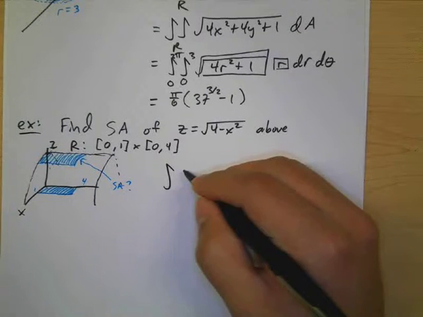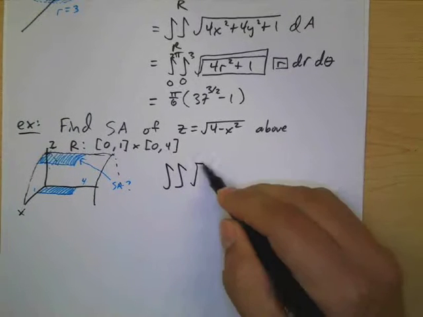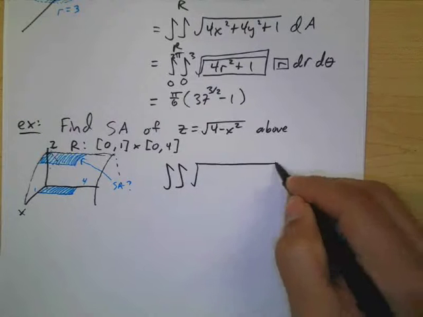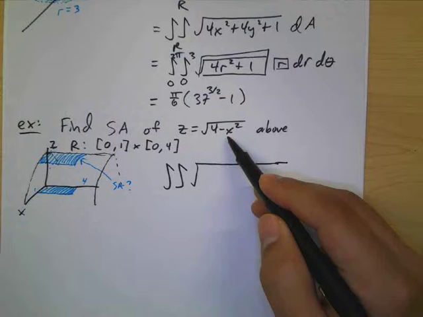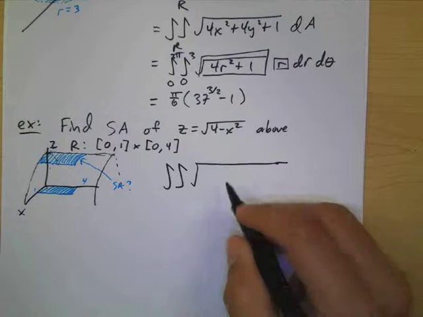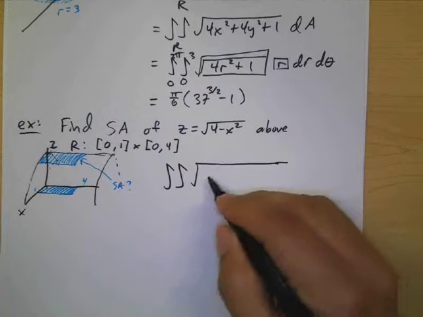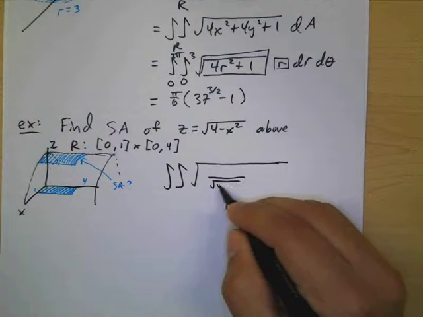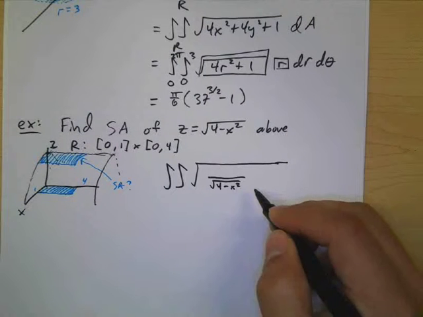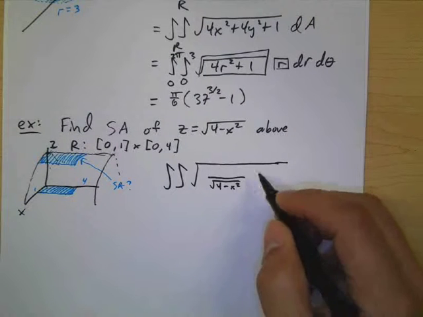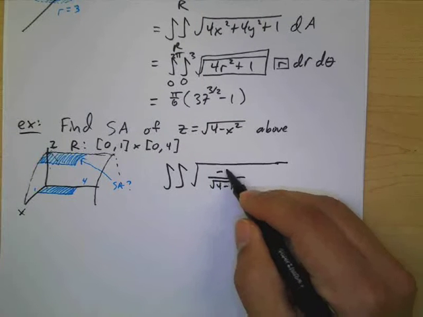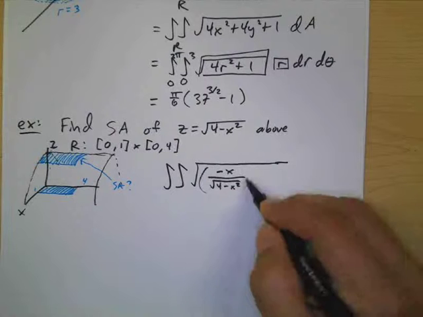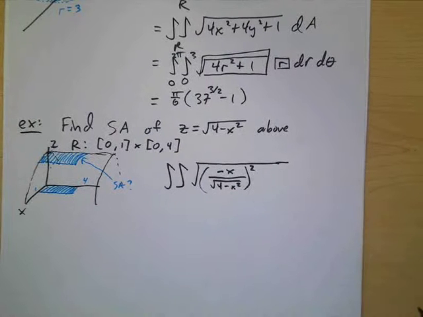The integral would be the square root of partial x squared. So here that would make that over the root of 4 minus x squared. And then we would need a negative 2x times 1/2, so that's just negative x squared.